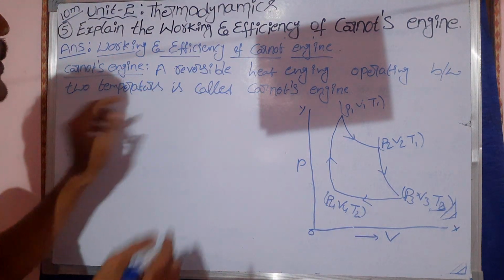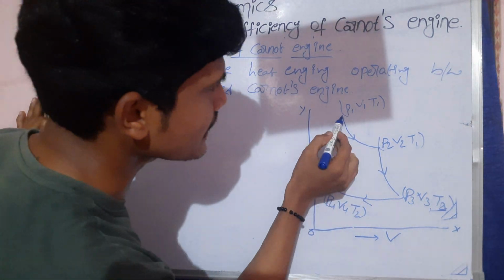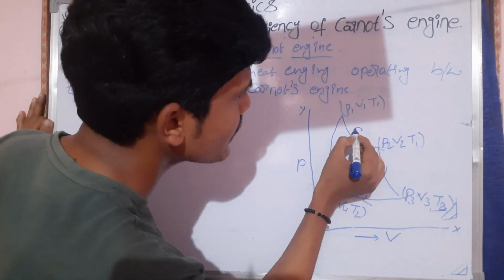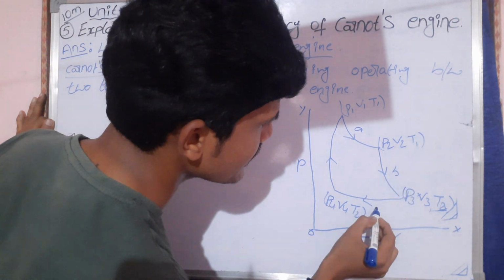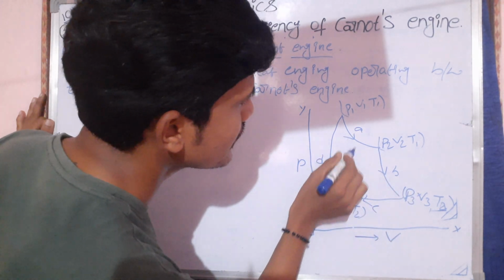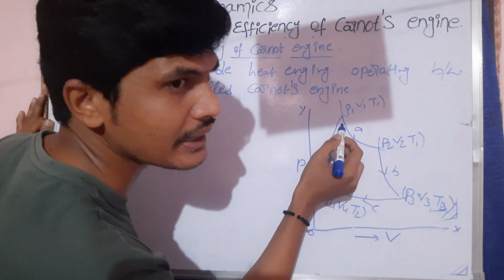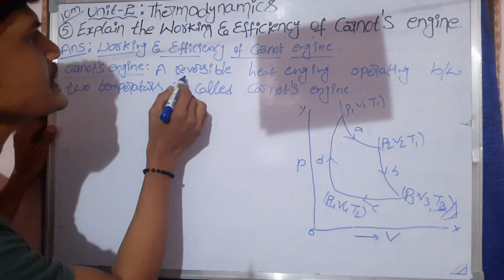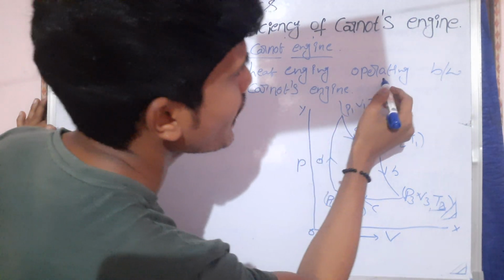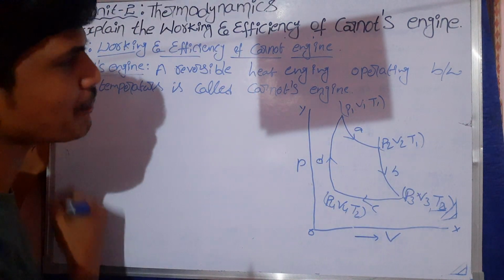This is the reversible heat engine: A to B, B to C, C to D, D to A, returning to A. So it is a reversible heat engine operating between two temperatures.